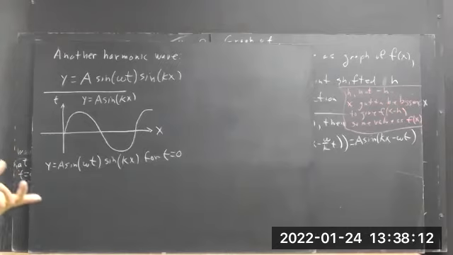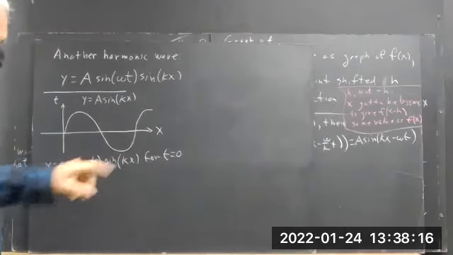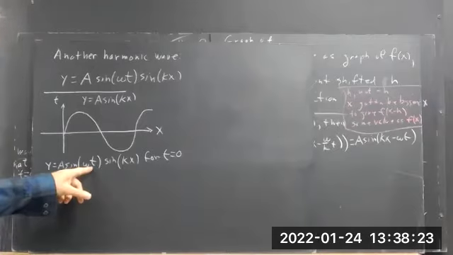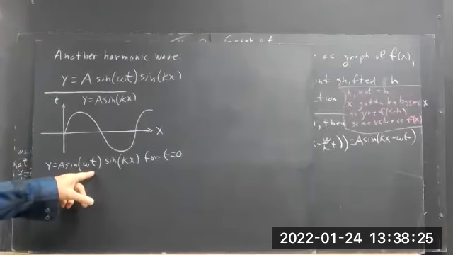Now t equals 0. What does the graph of y equals a sine of omega t sine of kx look like? Here's the hint: if t is 0, what's the sine of omega t?